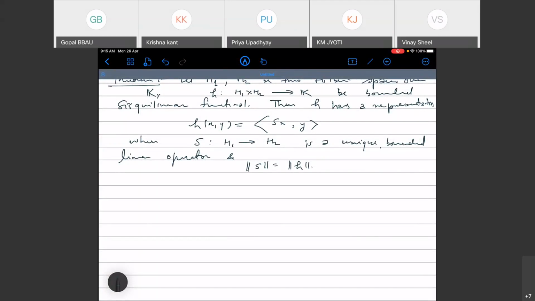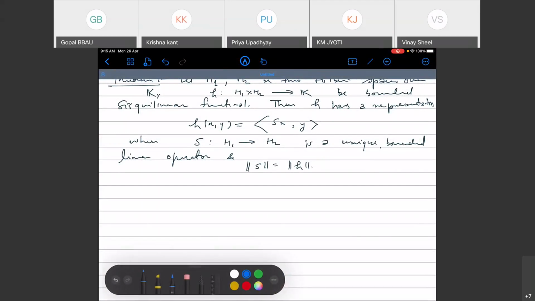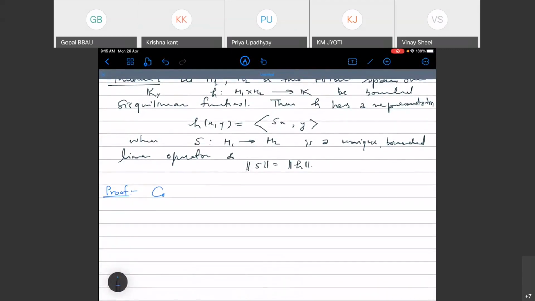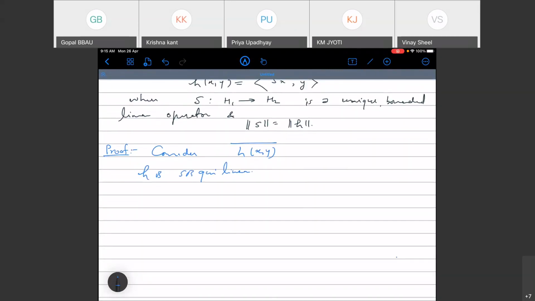Proof, let's see a proof of this. Consider h bar x, y. You know h is sesquilinear. Let's see whether h bar is sesquilinear or something else.